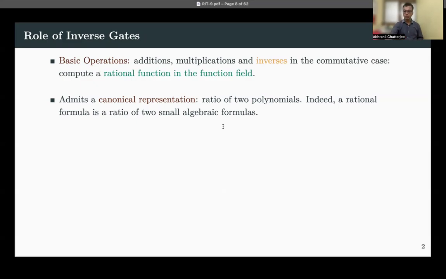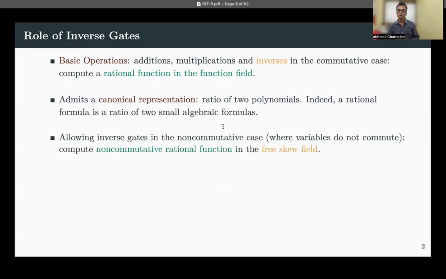However, in the non-commutative case, where the variables don't commute, we treat the strings as non-commutative monomials. If you allow inverse gates in the computation, it becomes quite complicated. It computes a non-commutative rational function in the free skew field. These objects are extensively studied in mathematics.